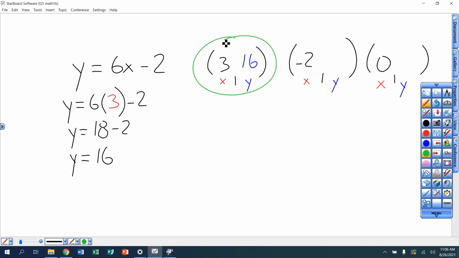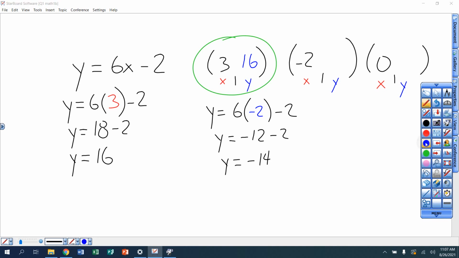If I plug in -2, that gives me y equals -12. 6 positive, -2, -12. And then here, -12, -2 looks like a double sign, but combines to give me even more of those negatives, -14.